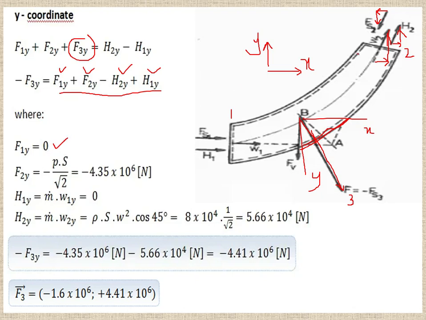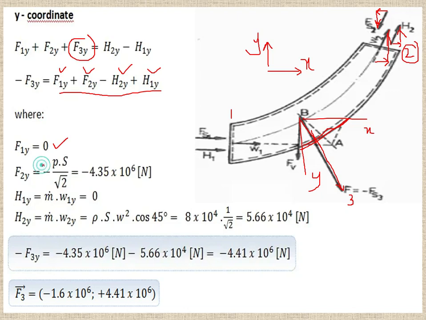Now come to point 2. At point 2, F2y is basically the surface force due to pressure. You see the arrow is coming downward, which means it is in the negative direction.